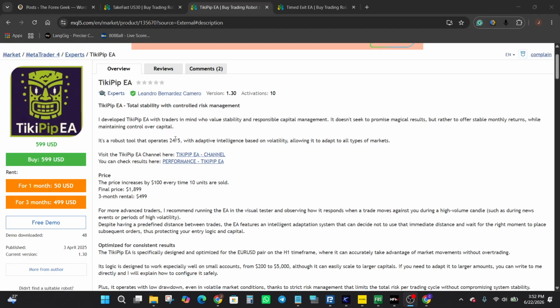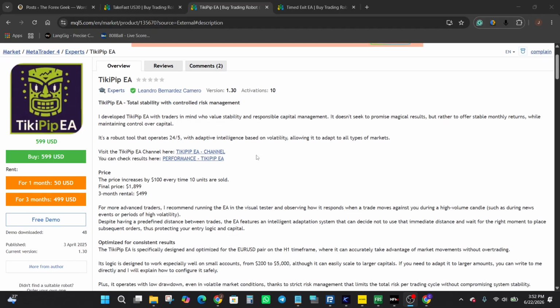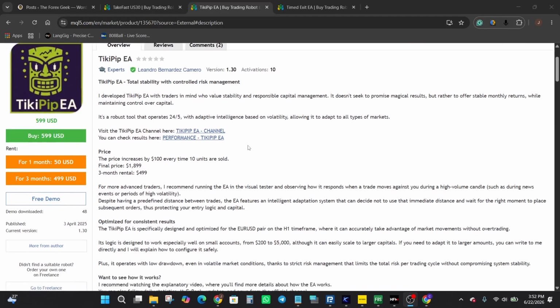Starting here on the MQL5 marketplace page, TikiPip EA is listed with a purchase price of $599 with rental options available as well. The current version shown is 1.30, and the developer describes the EA as a system focused on stability and controlled risk management rather than chasing unrealistic returns.